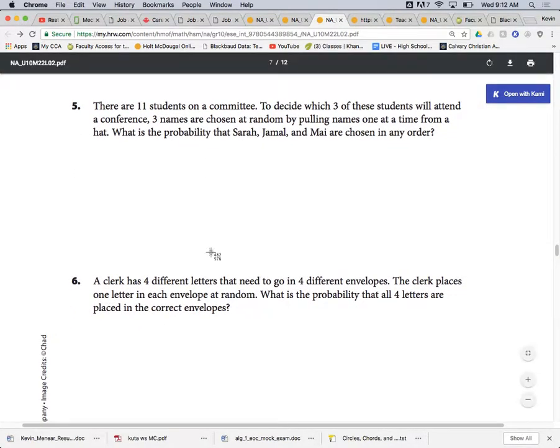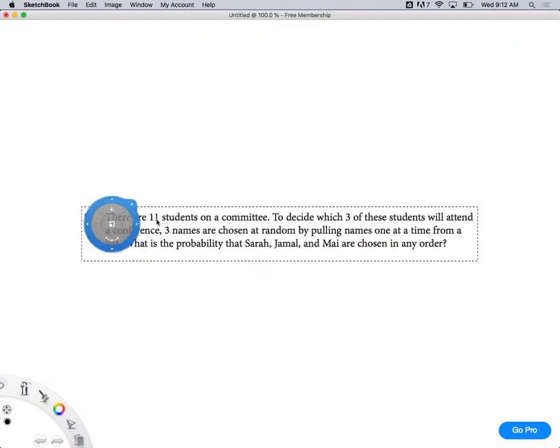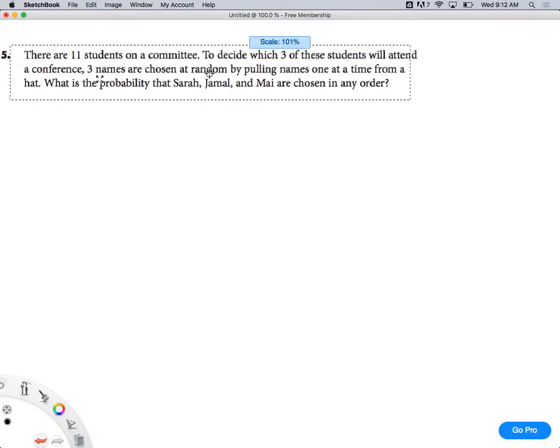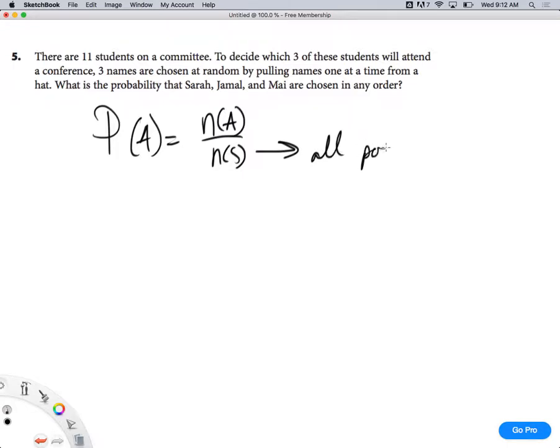We moved into this kind of stuff where it's probability. Number 5. Now remember, whenever I have probability, the first thing I start with is this: the probability of A equals NA over NS. Now S is all possibilities, all the things that are possible, and A is what I'm interested in.